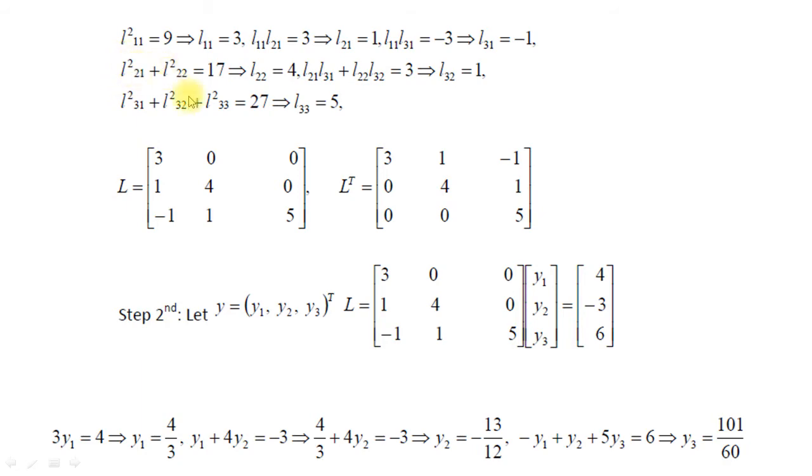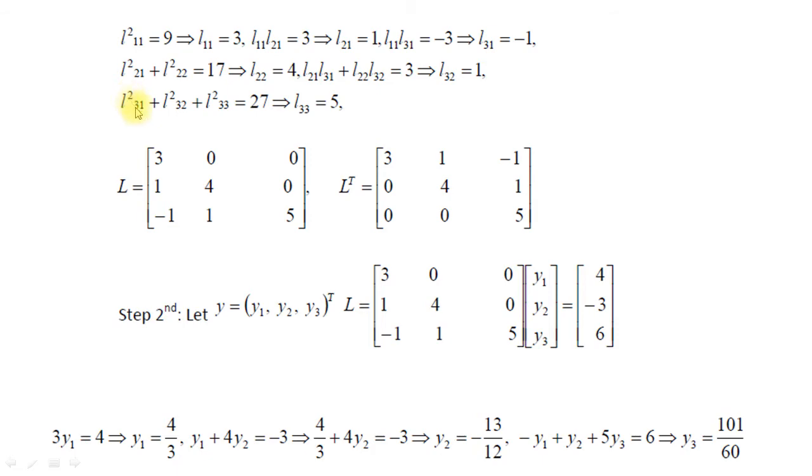And similarly, L21 square plus L22 square is equal to 17. So putting the value of L21, which is 1, L22 square is equal to 16, and taking the square root, we obtain L22 is equal to 4. Similarly L21 L31 plus L22 L32 is equal to 3, and putting the values of L21, L31 and L22, we obtain L32 is equal to 1.